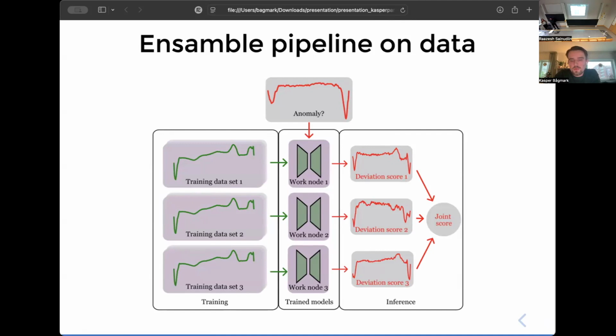We send it to each of the nodes, and each of them outputs a deviation score. And this score is then sent to the master node, which outputs the mean, for example, or some weighted average. But in our case, we have only used the mean. And now Peng will talk a bit more about how we employ this in practice in our code.